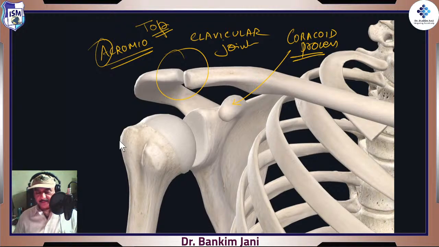Now there won't be any confusion because there is another piece which is the coracoid process. Coracoid is crow-like. It is crow-like. Right? We'll see it at another angle, but that's what is called the coracoid process, like the beak of a crow, right? Crow-like.